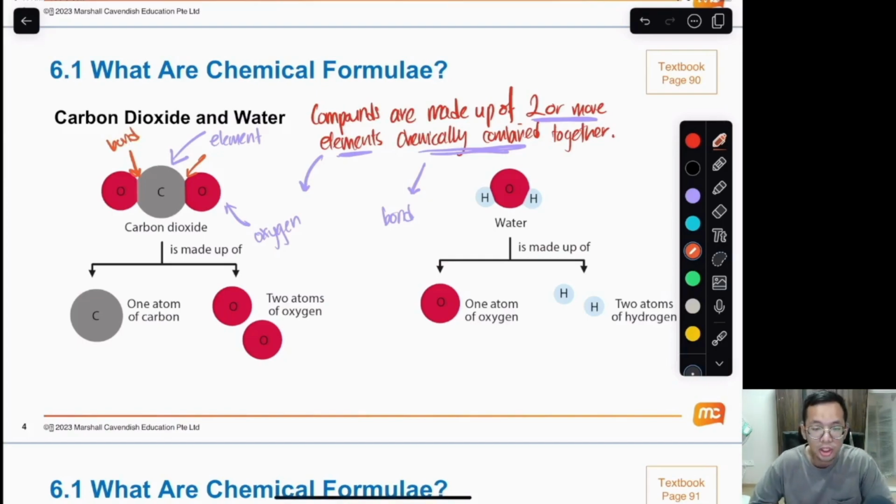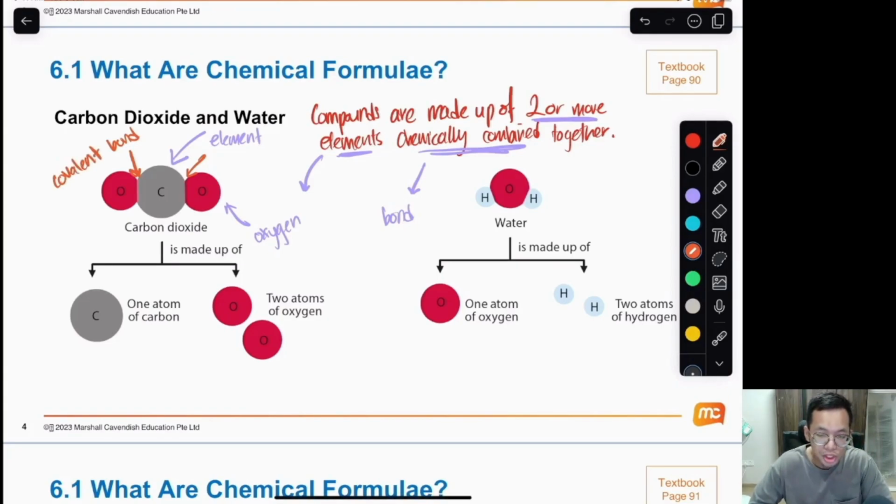In your chemical bonding chapters, you know that between non-metals, they form covalent bonds, right?